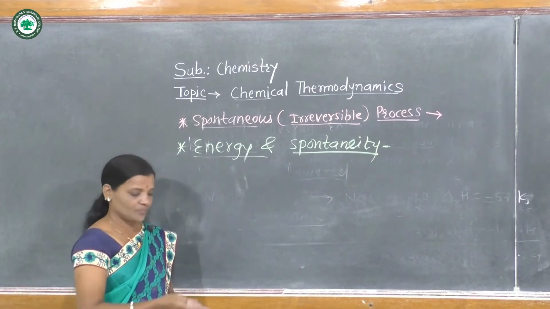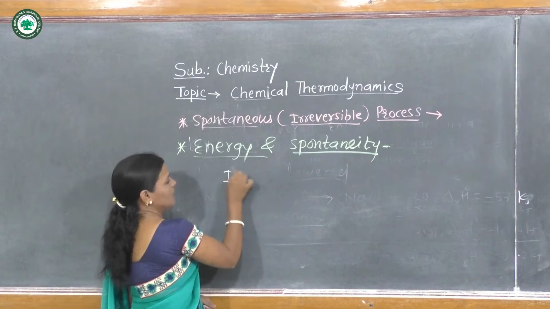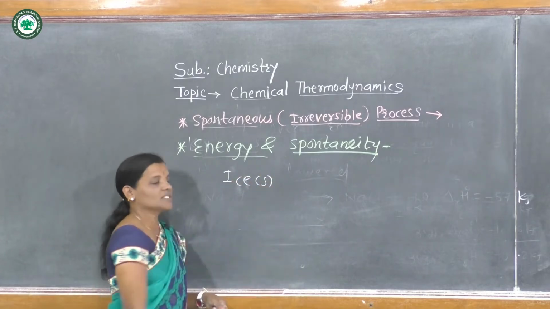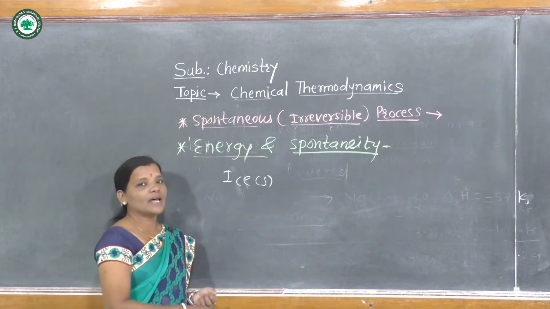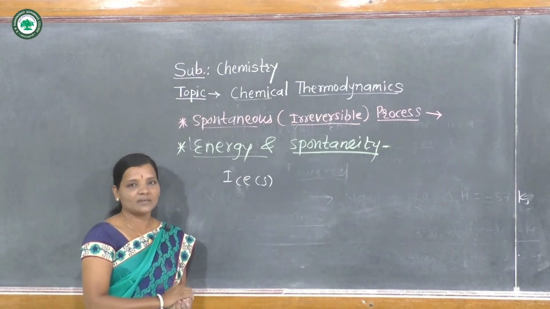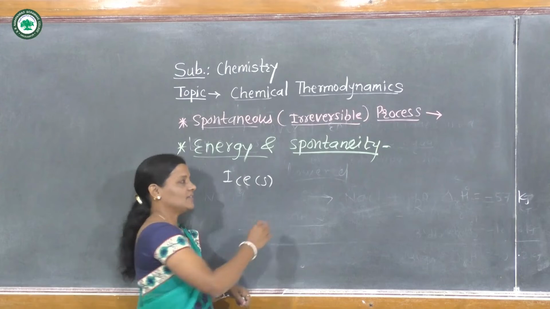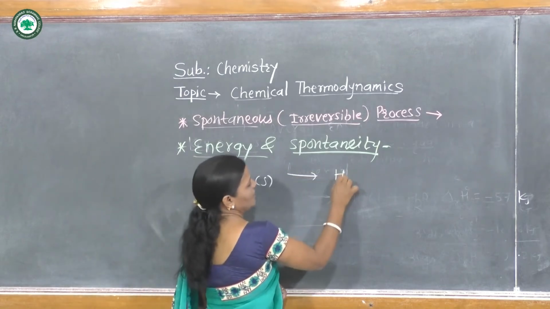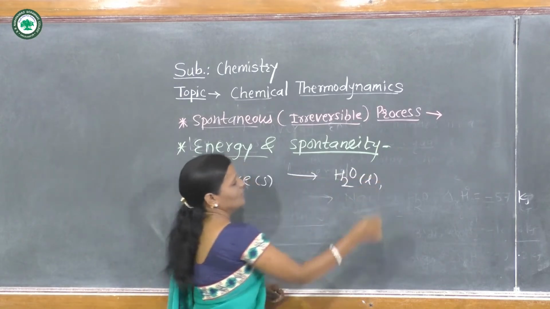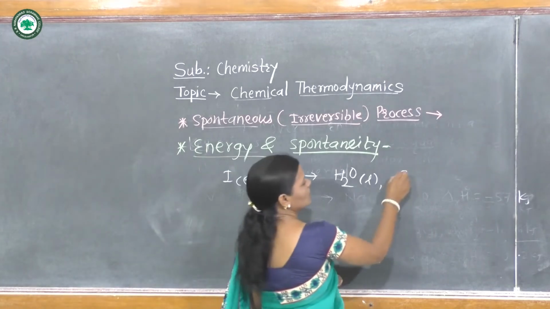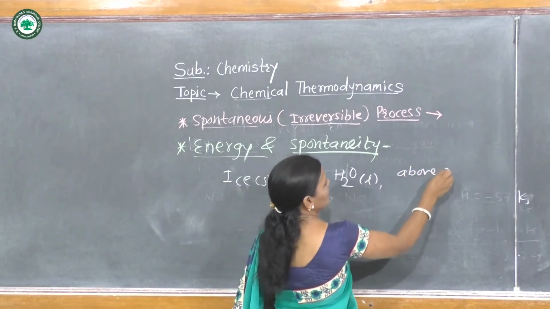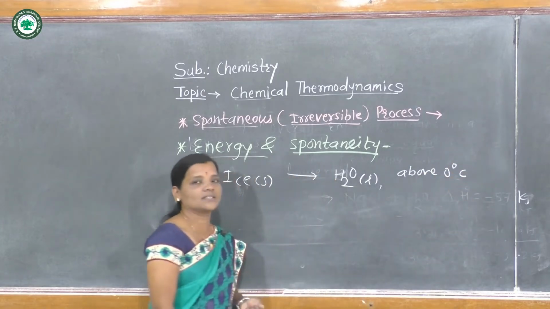Now let us consider ice in the solid state. If we keep that ice at room temperature, it melts and forms liquid water, and this occurs at room temperature, above 0 degrees Celsius.